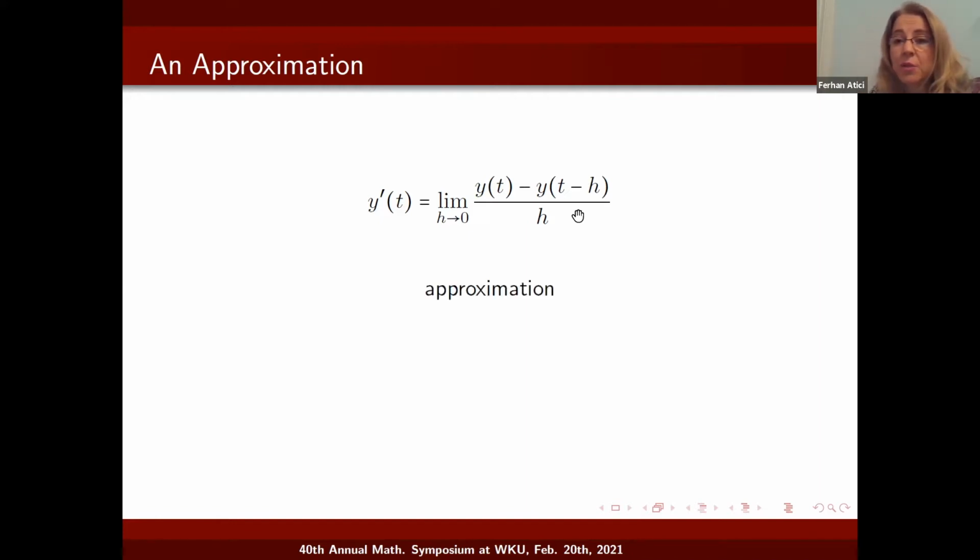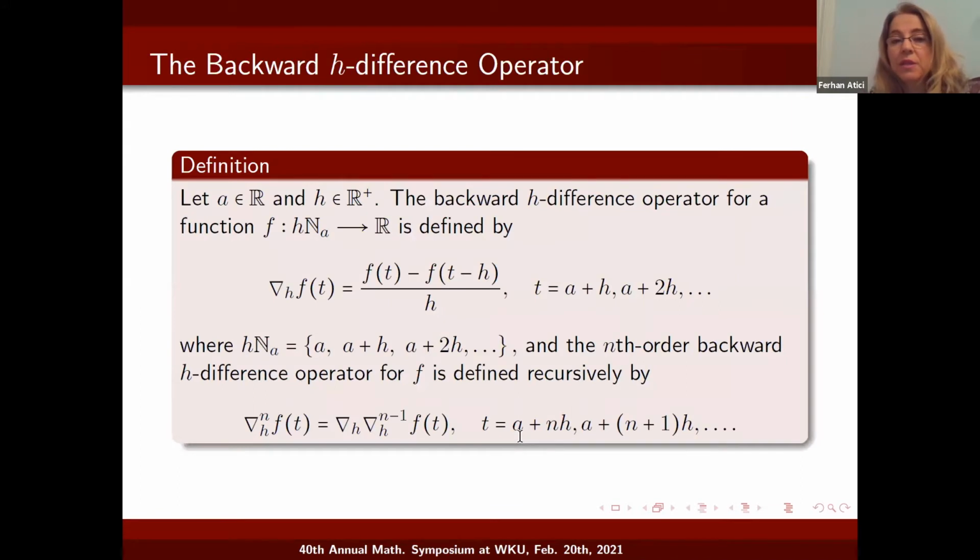And then we do approximation. Approximation means take this limit out. When you do that, you approximate this side with this side, and then y prime of t is approximately y of t minus h over h. Now, here is the definition of the Nabla operator. So you see where the Nabla operator is coming from.